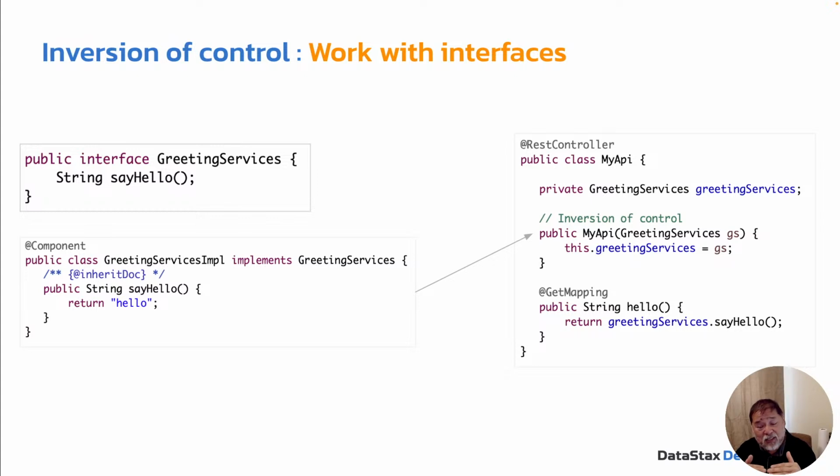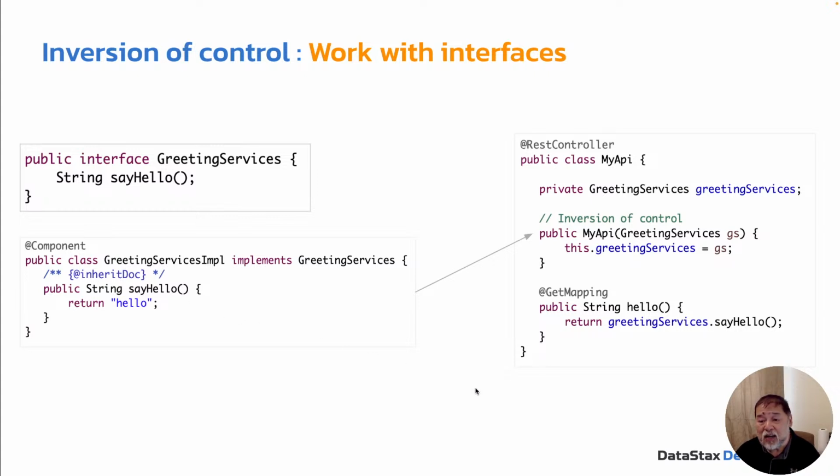Okay, well, an interface isn't an implementation. Your application doesn't care. It asks the framework, and the framework provides the appropriate implementation of that interface. That's inversion of control. So here, the traditional application on the left, we have a component that implements a greeting service. That's the interface. And the implementation is this component.